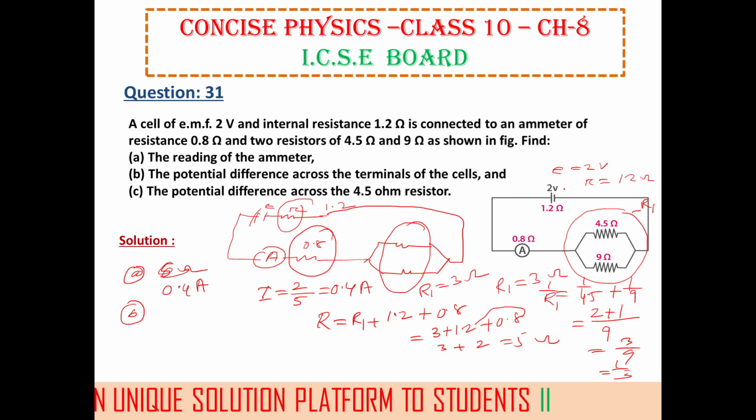Now the second part, the potential difference across the terminal of the cell. Across the terminal of the cell, here again we will apply the same formula, that is the terminal voltage, V equal to epsilon, e.m.f., minus loss in the internal resistance. Which loss? The potential difference, that is the voltage loss. So E is given 2, I have already found out 0.4 and the resistance is 1.2.